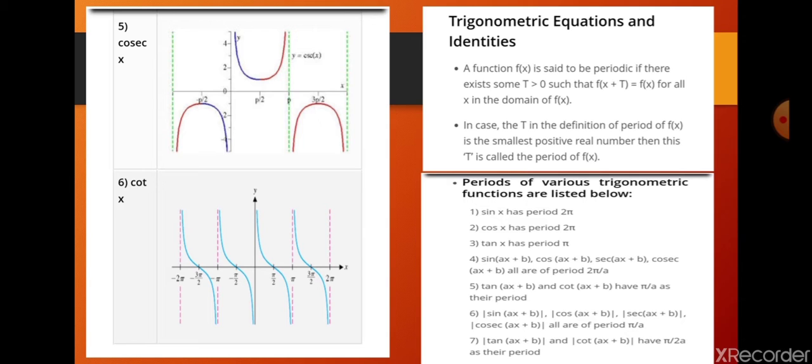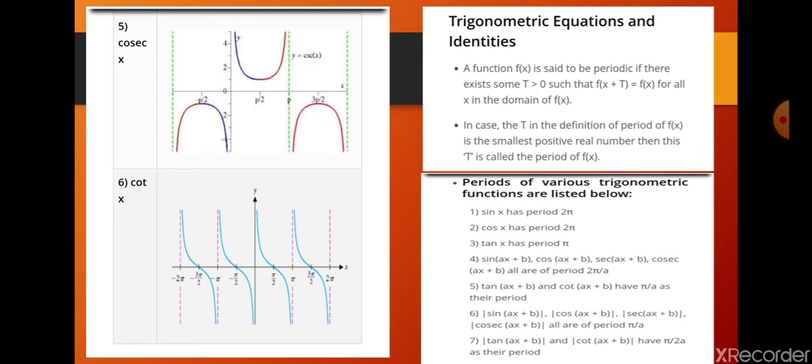Sine of ax plus b, cos of ax plus b, sec of ax plus b, cosec of ax plus b all have a period of 2 pi by a. Tan of ax plus b and cot of ax plus b have a period of pi by a.